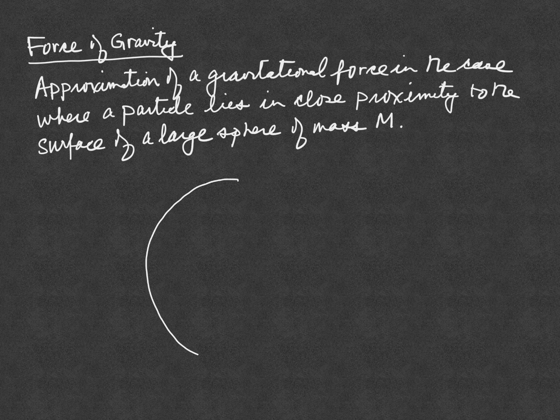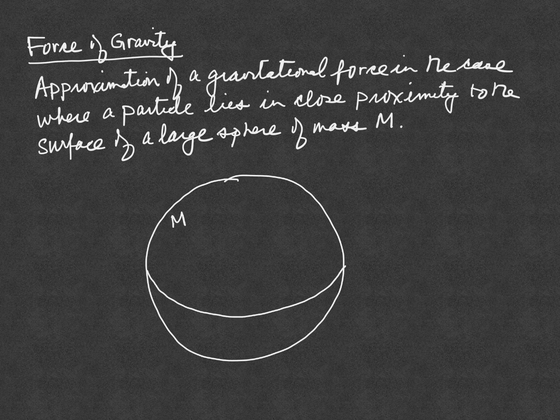So here's what the picture looks like. I have a sphere. It's a large sphere, and it has mass big M, and it has a radius, which I'm going to call big R. So here's the center of the sphere at point O, and the radius of the sphere is big R. Now we're going to make an assumption here.